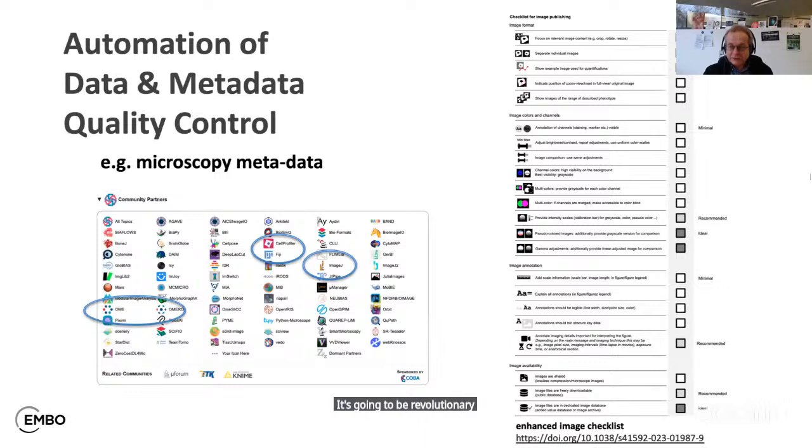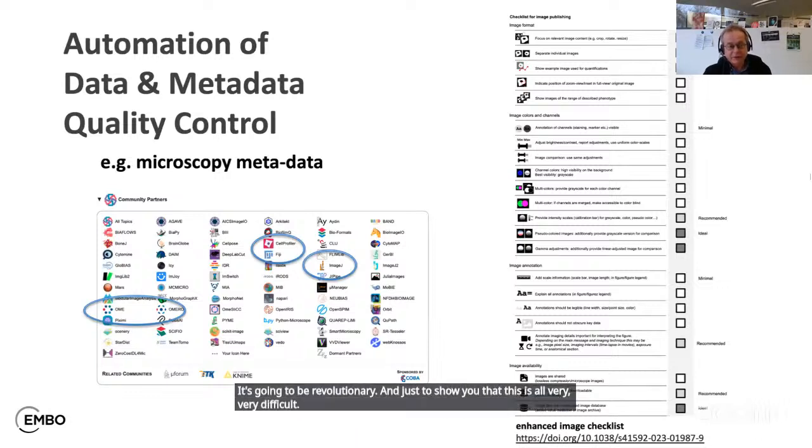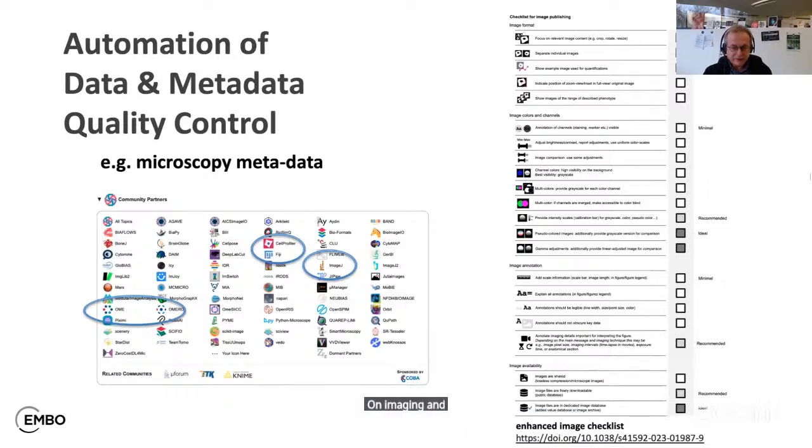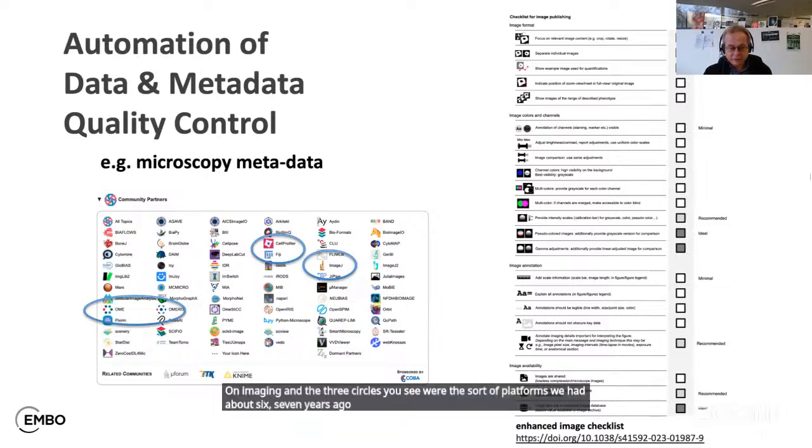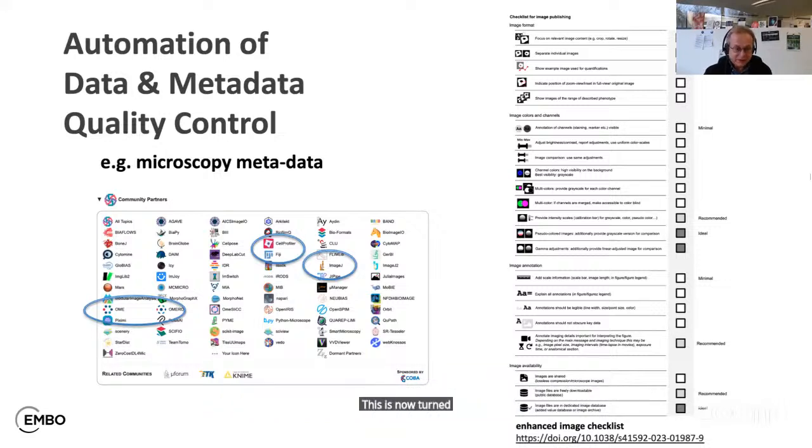And just to show you that this is all very, very difficult, this is just one example on imaging. The 3 circles you see were the sort of platforms we had about 6-7 years ago to analyze microscopy images. This is now turned into a jungle. These are the latest platforms available, and standards are trying to catch up.